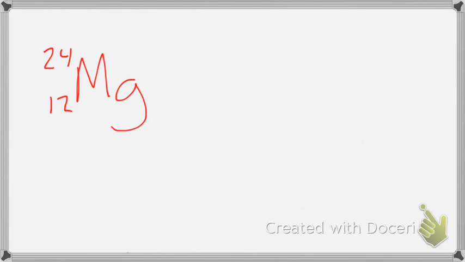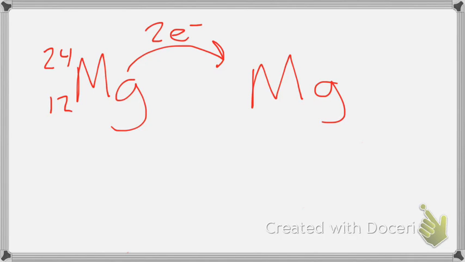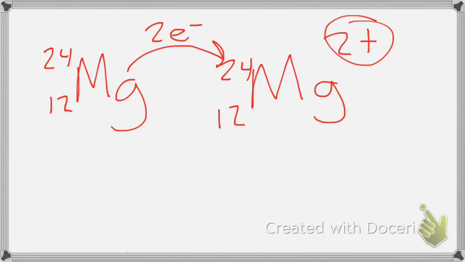All right. So magnesium is going to lose 2 electrons. Still we have 12 protons, and our mass number did not change, but now we have a charge. Because magnesium lost 2 electrons, it's going to have a positive 2 charge, indicated by there being more protons, 2 more to be exact, than electrons.